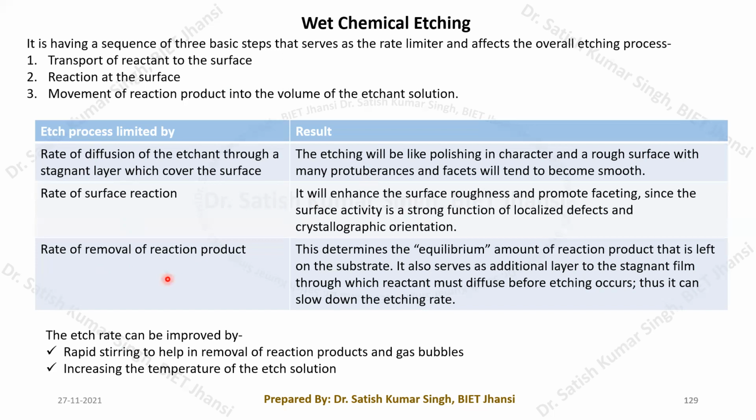Similarly, for the rate of removal of the reaction product, if this rate is very low, then obviously a thick layer is going to develop over the surface along with the stagnant layer, and at that time this agent has to penetrate through both this byproduct layer and your stagnant layer. That is going to determine the equilibrium amount of reaction product that is going to be left on the substrate.